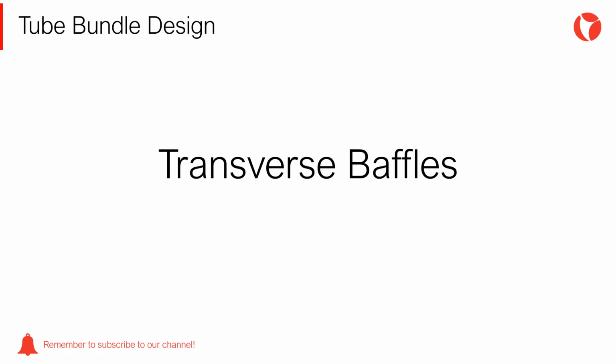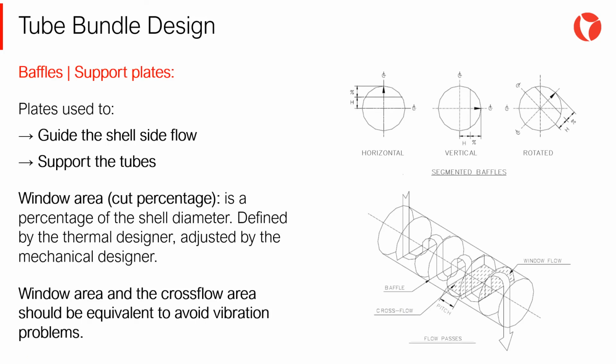The function of transverse baffles is to support the tubes and direct the flow in the shell side. From the standpoint of the fluid that circulates through the shell side, baffles have a segmental cut which may adopt various configurations, the most used being vertical and horizontal cuts.